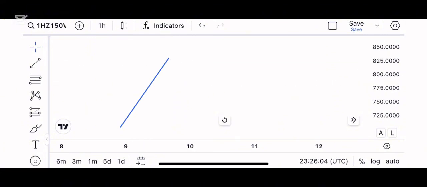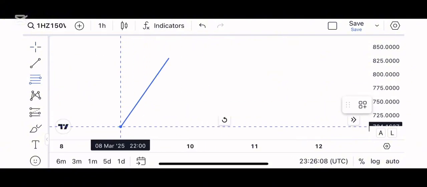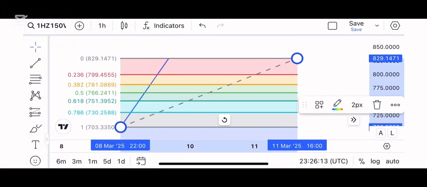So what we're going to do is take a Fibonacci retracement of that leg, and we're going to draw it.